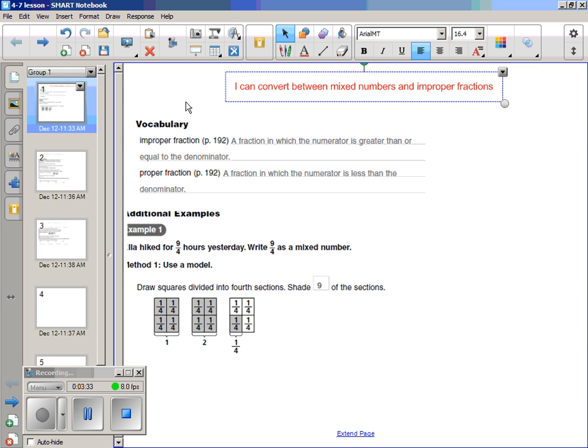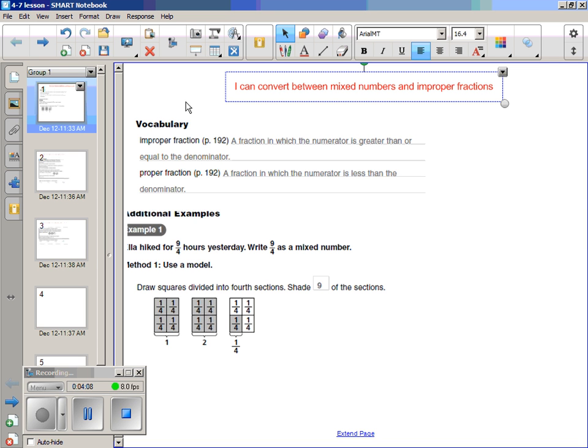He said that if she hiked for 1 hour, it would be 4/4, which is 1, and we obviously have more than 4/4. That's good. We also know that's true because of what we just talked about with improper fractions. Our numerator is greater than our denominator. So it's going to be our job today to take this 9/4 and convert that into a mixed number. How many hours and then how many parts of an hour did she actually hike?